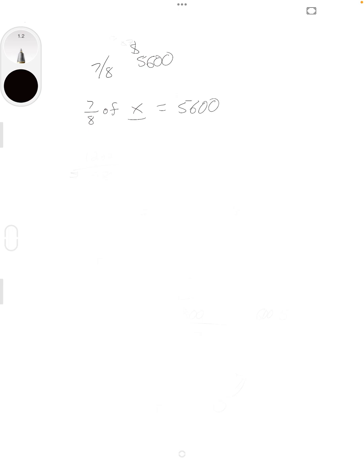So we want the total income. Okay, so that's 7/8 times X equals 5,600. I'm going to move the 7 down, move the 8 up, and I have X equals 5,600 times 8, and divide that by 7, and I get 56.